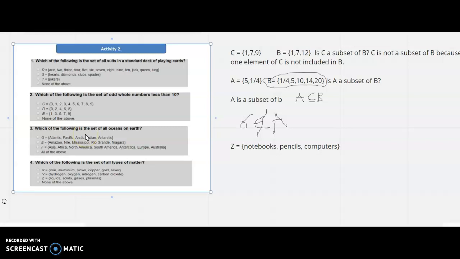I guess you do. So let's take a look at these sets and choose the best answer. Okay? Which of the following is the set of all types of matter? Okay? Natural science. Okay? You can check if these elements have this condition to compound a set. All right?